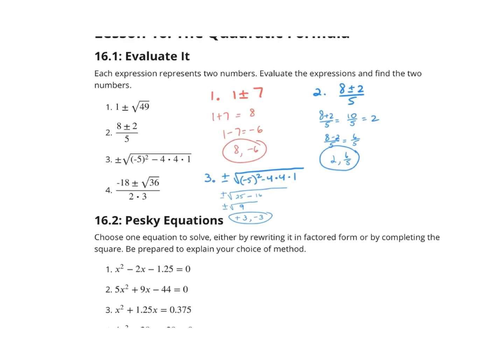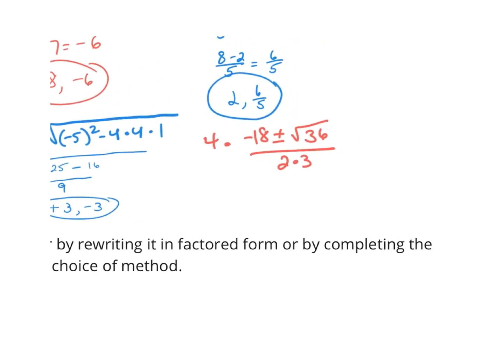Okay, let's take a look at number 4. So I have negative 18 plus or minus the square root of 36, all over 2 times 3. So I'm going to do a couple things at a time. First, I'm going to take the square root of 36. So I have negative 18 plus or minus 6. 2 times 3 is 6. So now I have negative 18 plus or minus 6, all over 6.